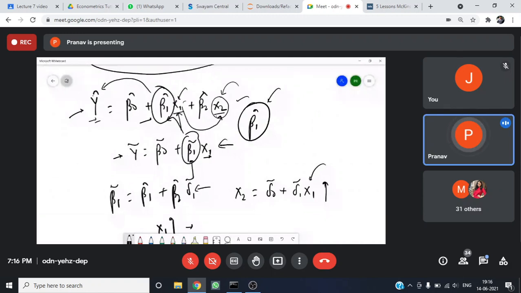That's why this beta 1 tilde, the new estimator, can be thought of as composed of these two parts, where this is your direct effect and this is your indirect effect, that is, change in x2 through movement in x1. Because ultimately this beta 1 tilde explains movement in the average value of y due to change in x1.